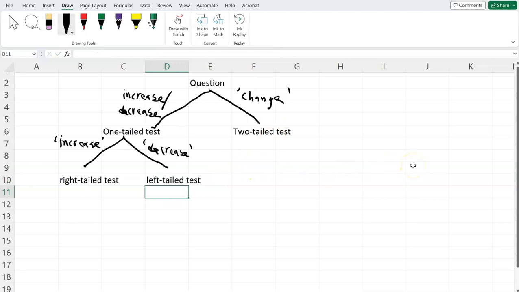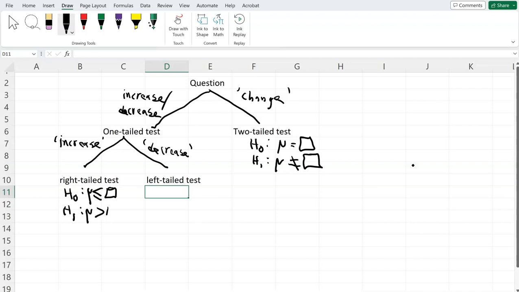In a two-tail test, the hypothesis is H naught: mu equals some number, and the alternate is mu is not equal to some number. In a right tail test, the hypothesis is going to be mu is less than or equal to some number, and the alternate is mu is greater than some number.